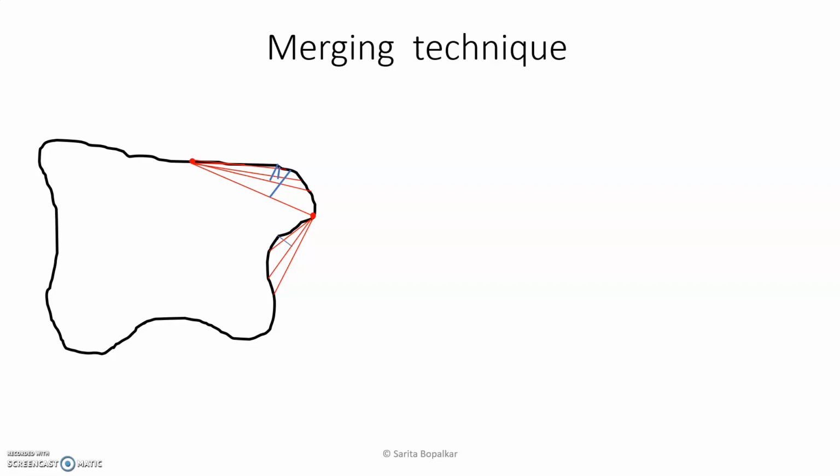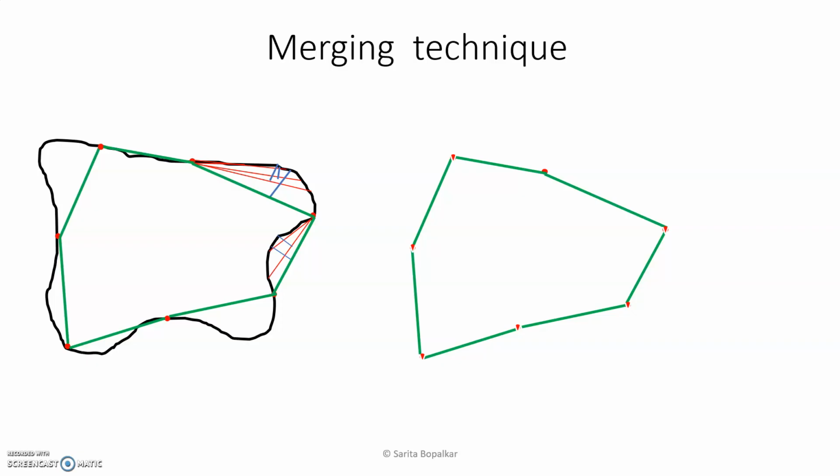So here also we will find the maximum perpendicular distance, and if this maximum distance is greater than the threshold, then this line segment ends here. So this will become our next start point. These are the vertices of your polygon. Like this we will generate the vertices of the polygon, and we will connect these vertices. So this is our polygon approximation with the merging technique.